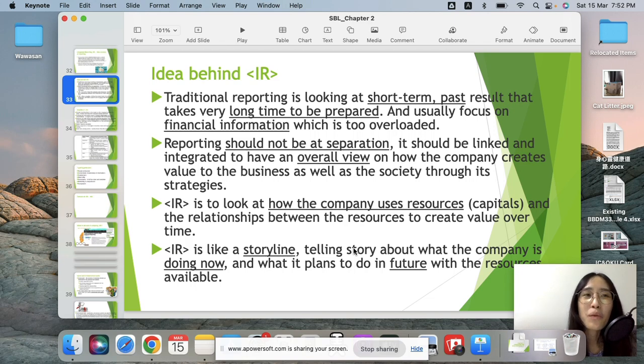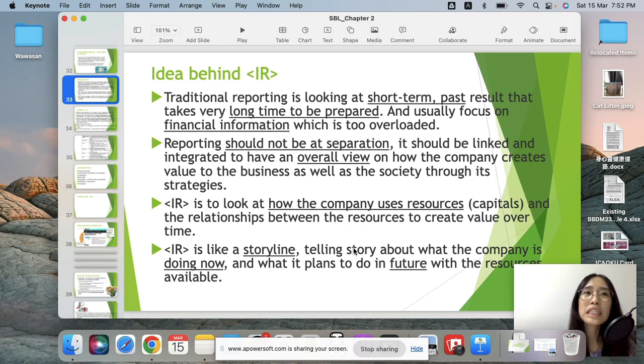Like for example, we actually have reporting from sustainability effort, like sustainability reporting. We have reporting about stakeholder analysis. Some company they report how they analyze the stakeholders, how they attempt to connect and communicate with the stakeholders. We also have risk management reports where the company reports about the risk management process and activities that they have done.